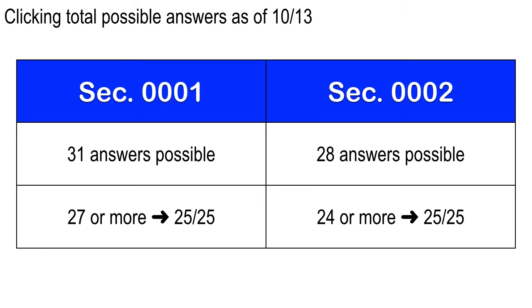Now, Section 2, the noon section, you guys have a few fewer questions. So for you, 85% translates to 24 questions answered or more. So if you have 24 or more, when you add up your grades page, you guys in Section 2, ding, 25 out of 25.